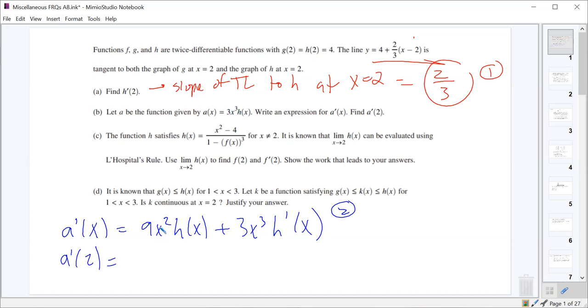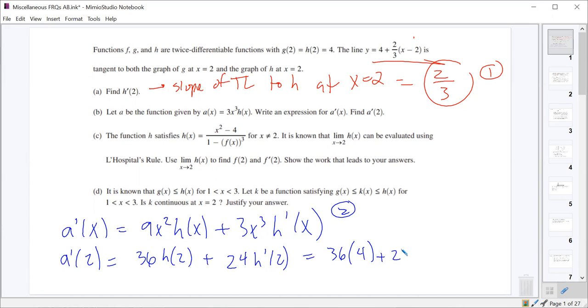So what is that going to become here? It's going to be 2 squared is 4 times 9 is 36. 36 times h of 2, which they gave us, which we'll put in a second. And then this becomes 24. 2 cubed is 8 times the 3 is 24. And then h prime of 2. And we have h of 2. h of 2 is 4.